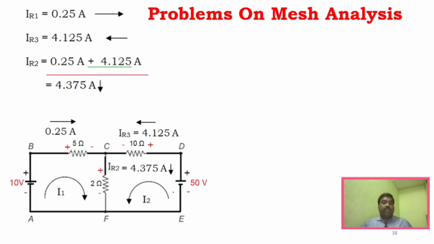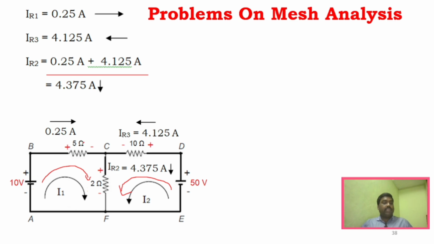While writing the solution at last, you will write like this. The voltage from here will flow this way, and here it will flow this way. So the current at I2 will be in the same direction. I1 and I2 are flowing in the same direction, so it is I1 plus I2.